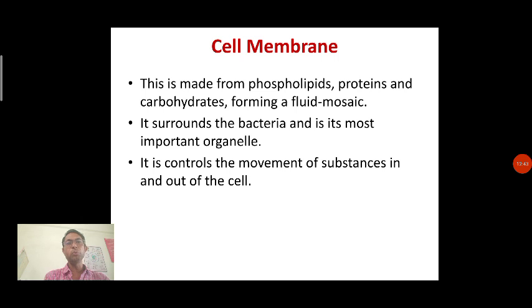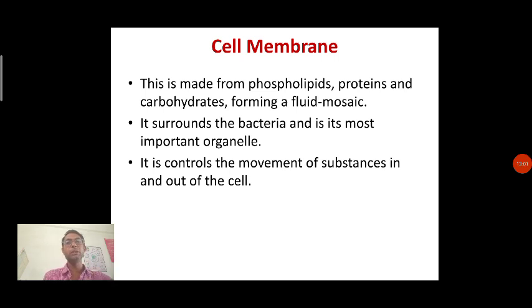It controls the movement of substances in and out of the cell. So the material from the outside will enter the inside only through this cell membrane, or it is restricted by this cell membrane.